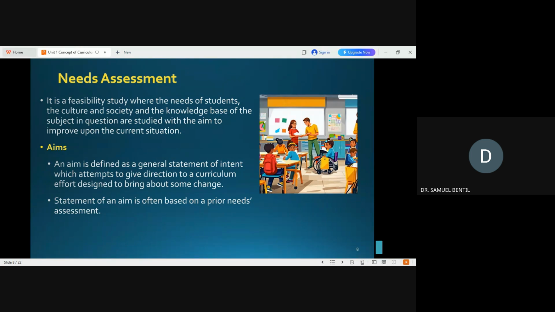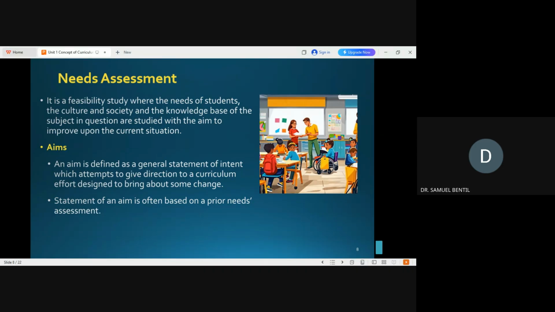This could be the curriculum aim. It is a general statement giving a general direction of a particular program of study, but it lacks specificity. It's not specific and not measurable. Now, take note: always the goal is deduced from the aims and the objectives are deduced from the goals.